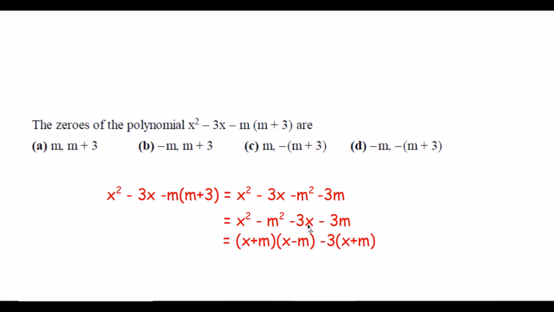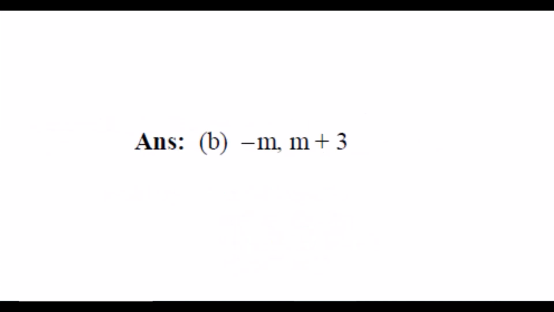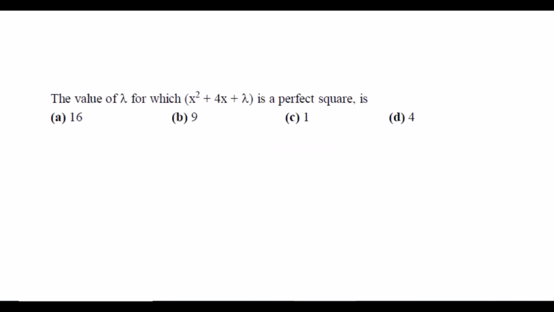Now minus 3 you can take as common, again you will get x plus m. Now in both terms x plus m is common, then you can write it as x plus m into x minus m minus 3. Now equating these factors to 0, x is equal to minus m and x is equal to m plus 3. That is the answer. Here the answer is minus m, m plus 3.